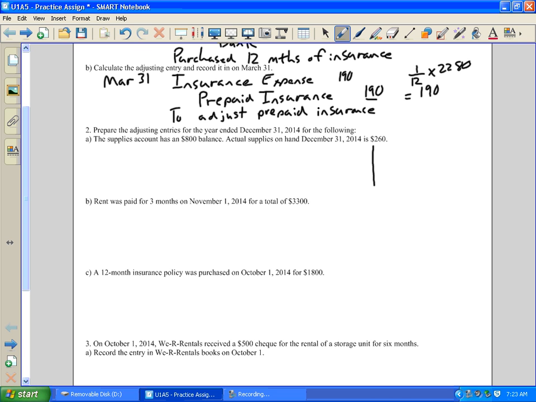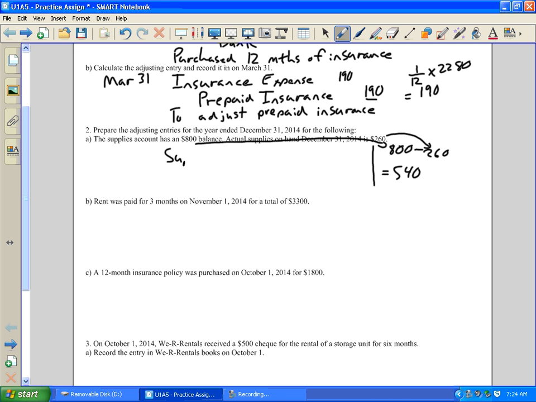So off to the side, I do a quick calculation. I've got $800 as a balance, and I subtract off my $260 that somebody's actually calculated and counted, and that gives me a grand total of $540. So that means that while there is a balance of $800 sitting in the supplies account, we actually have to reduce that by $540.